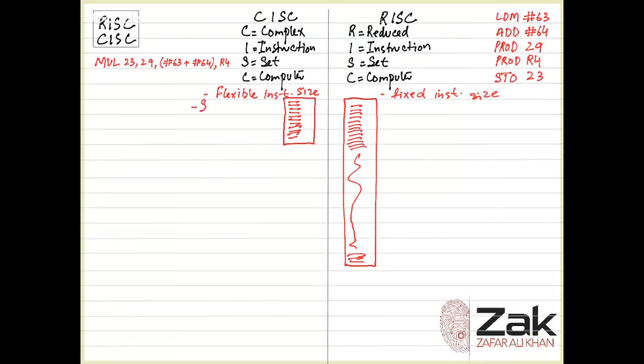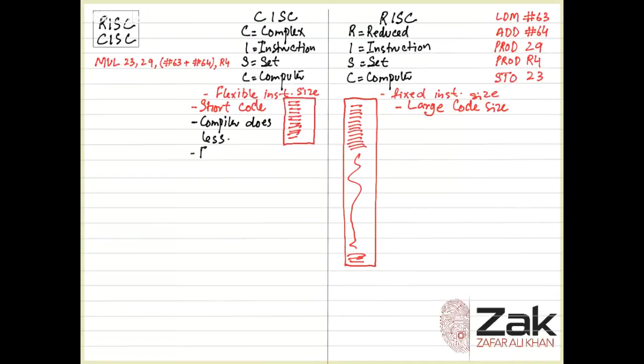So let's see how it works. So shorter code, and here we have large code. And then the compiler does less. Why does the compiler do less? Because it has less to do. All it has to do is to convert your instruction to equivalent binary instructions.